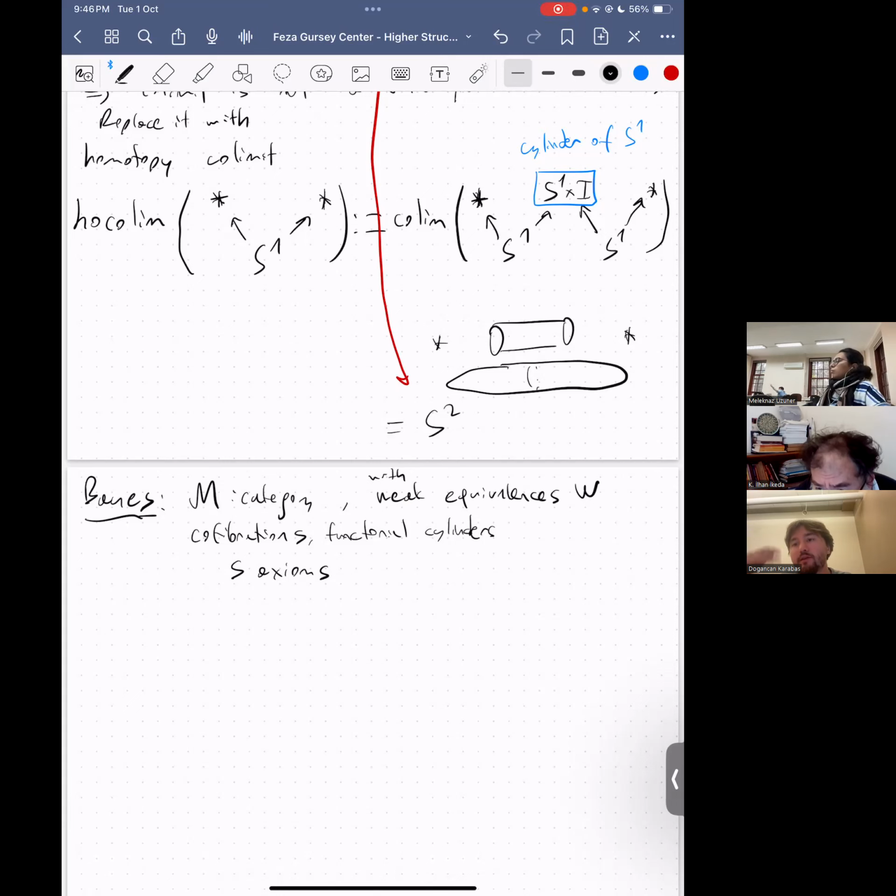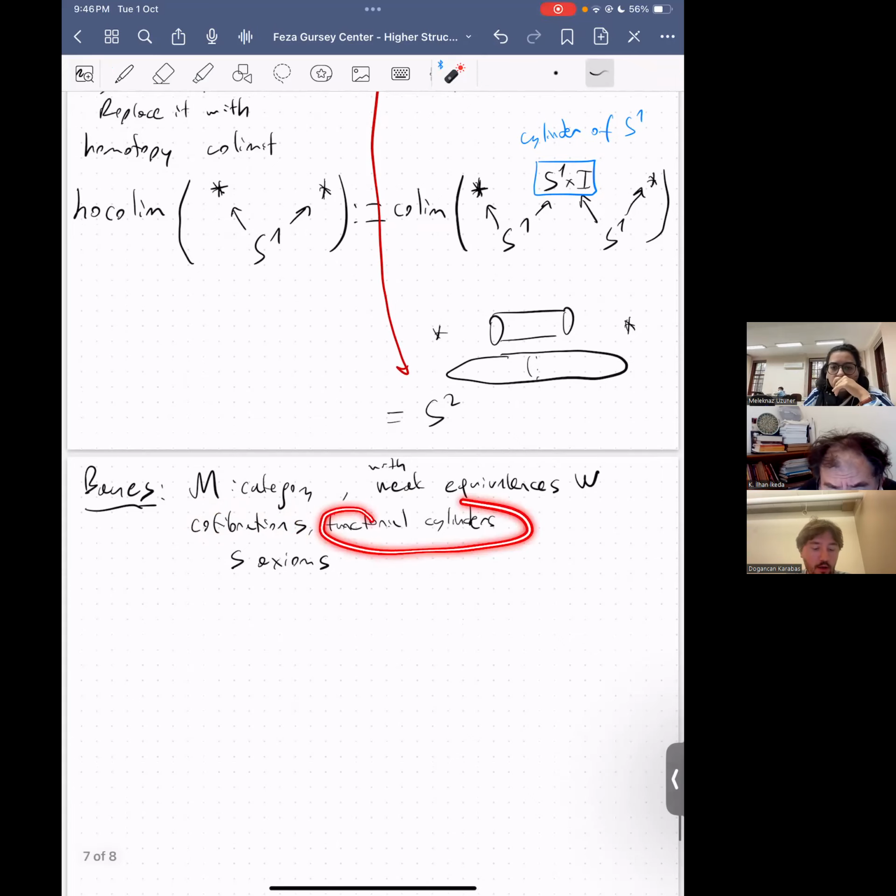You give me a category and things inside which you want to be inverted. And you give me some cofibrations, some special maps, and cylinders. For each object you define a cylinder, and you show some axioms they satisfy.